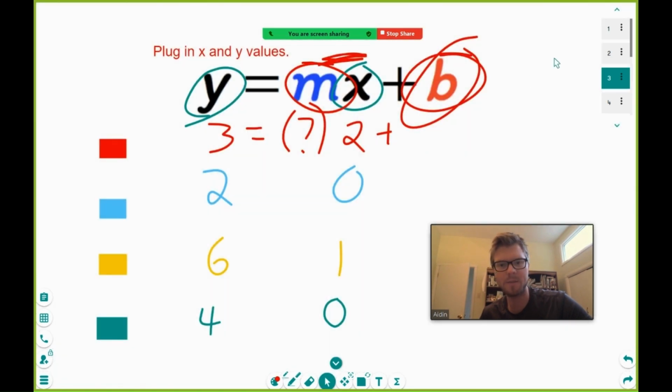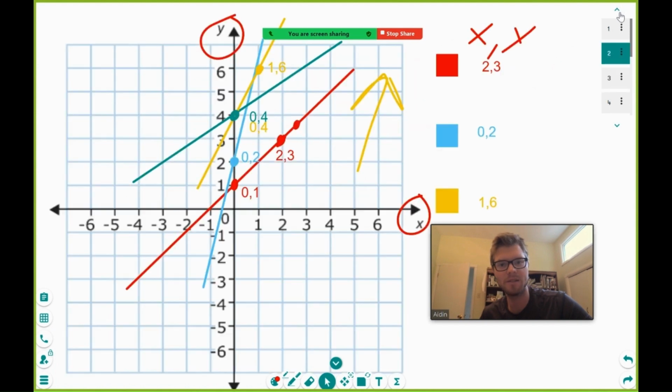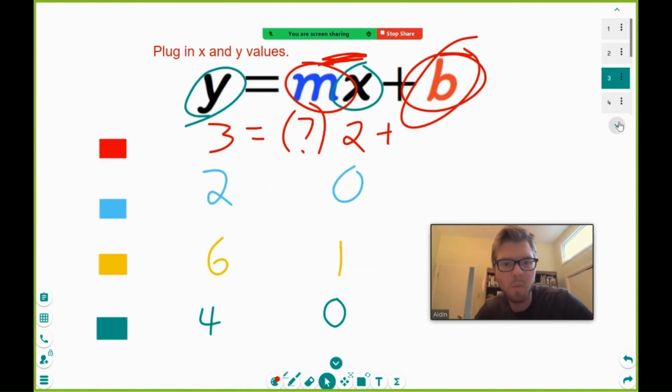Our y-intercept for the red line is 1. Okay, so I'm going to fix that plus there. Oops. I'll just erase it. Okay, 1. I'll do a 1 like that.